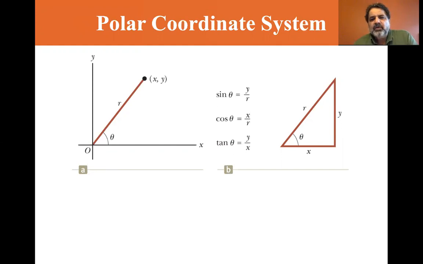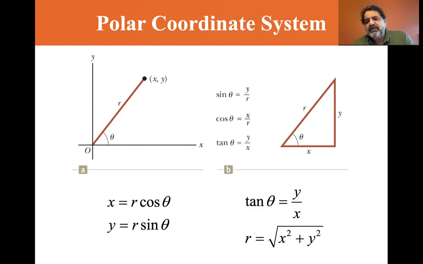So if you have an r and a theta, you get y by saying r sine theta, and you get x by saying r cosine theta, and that'll give you the values of y and x. We'll use that quite often. As a matter of fact, there it is. x equals r cosine theta, y equals r sine theta.